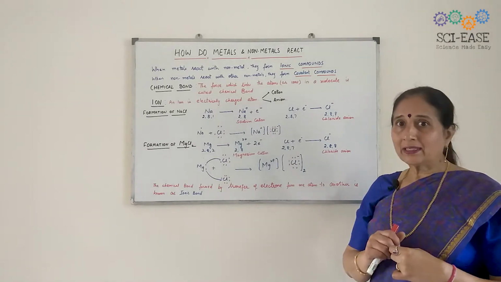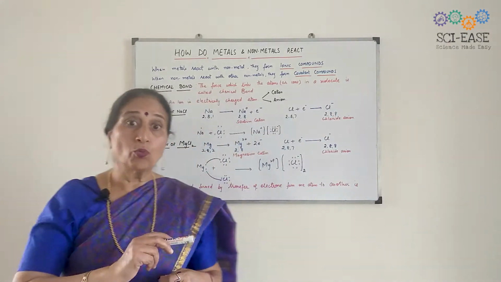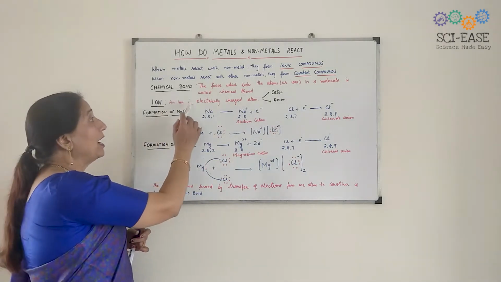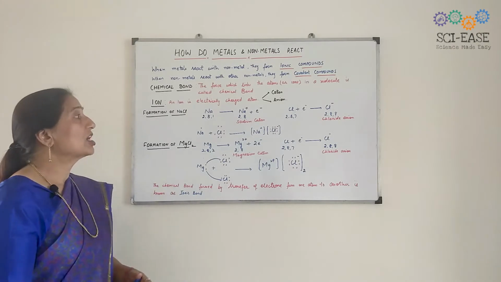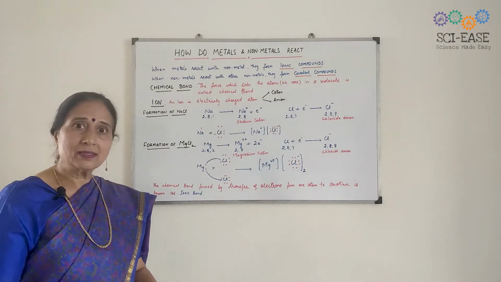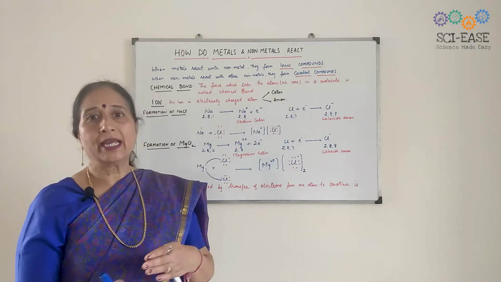You know about atoms, but ions, I will tell you what ions are. An ion is an electrically charged atom. That is, it must have a positive or negative charge.